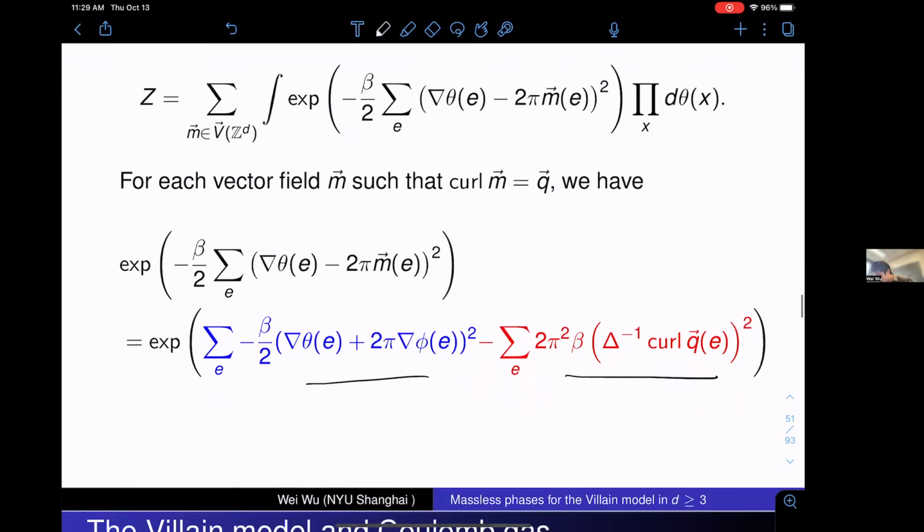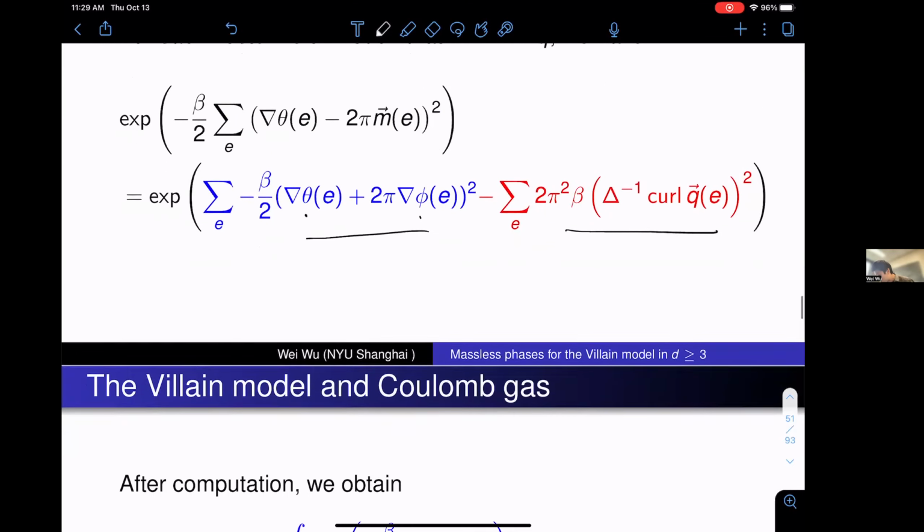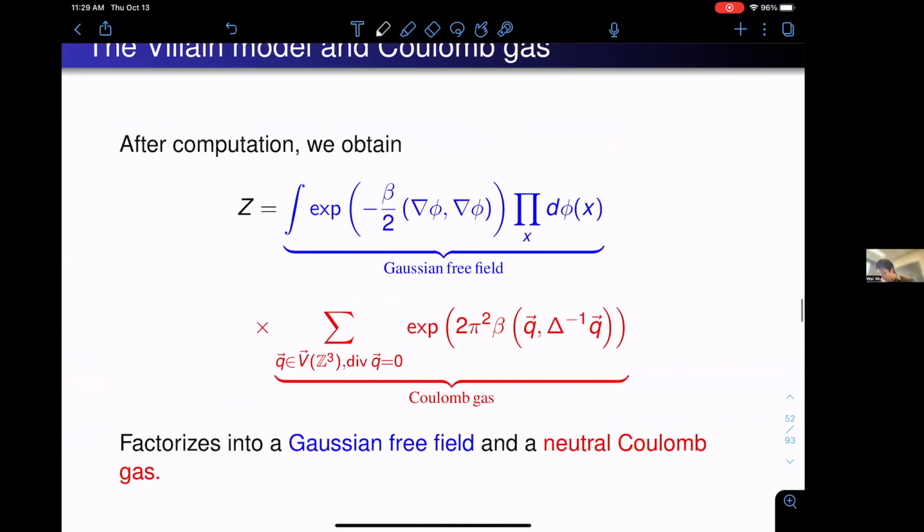And you can actually combine these angles and this height field together to get an ordinary Gaussian free field. And the second part, you see from integration by parts that this is just a Coulomb gas. Okay, so this is just how this duality works. So you can write your partition function in terms of a Gaussian free field times a Coulomb gas.